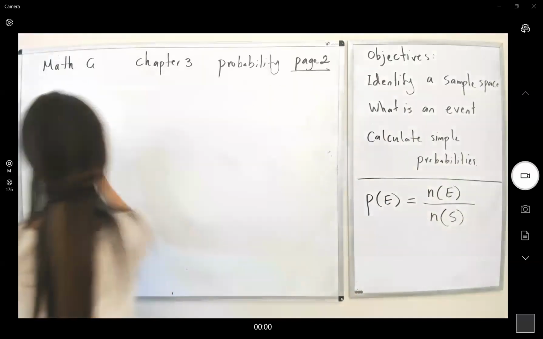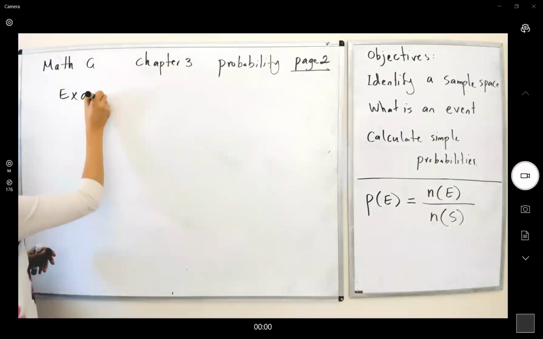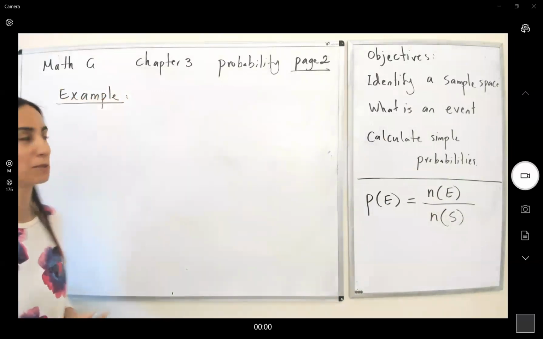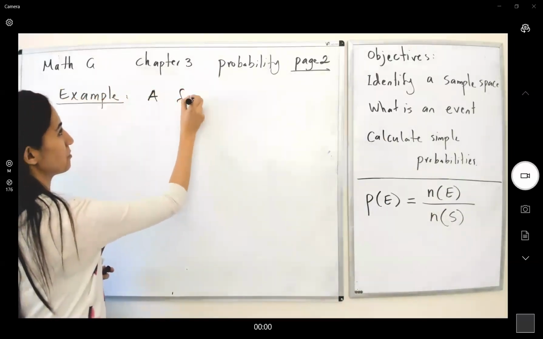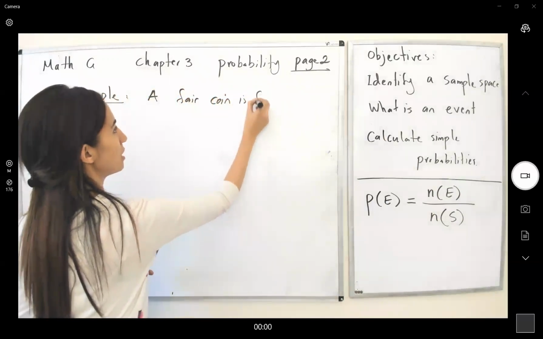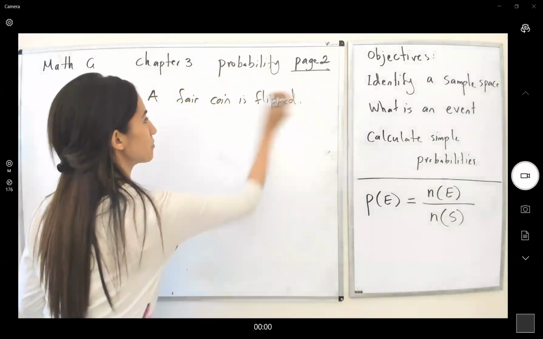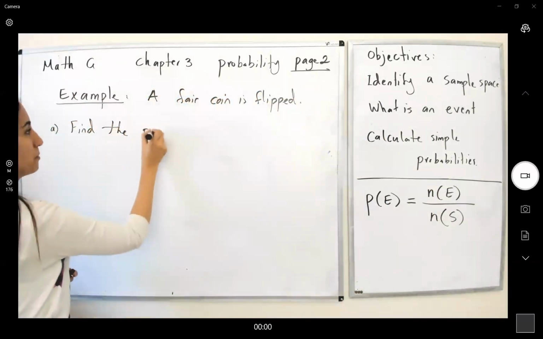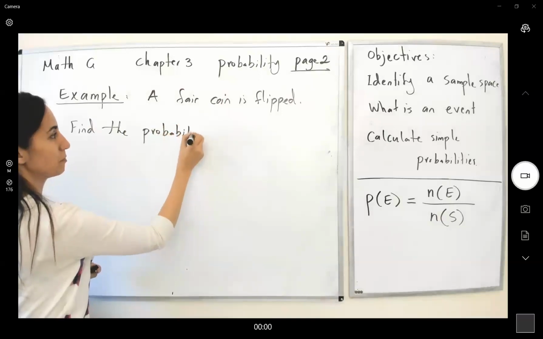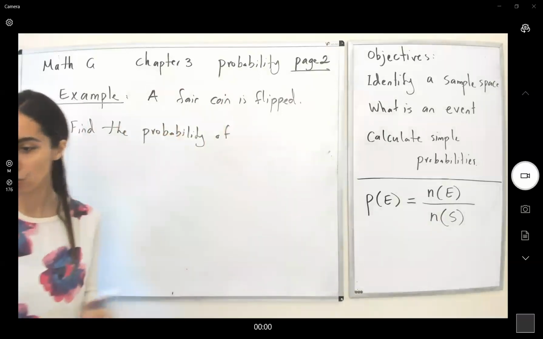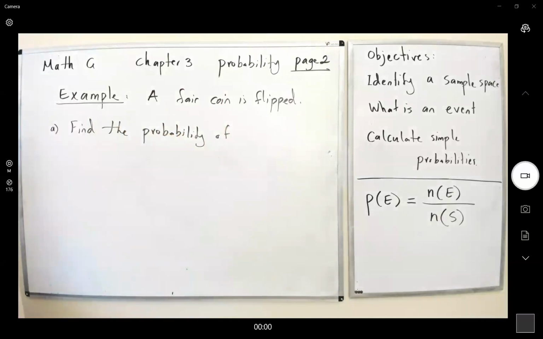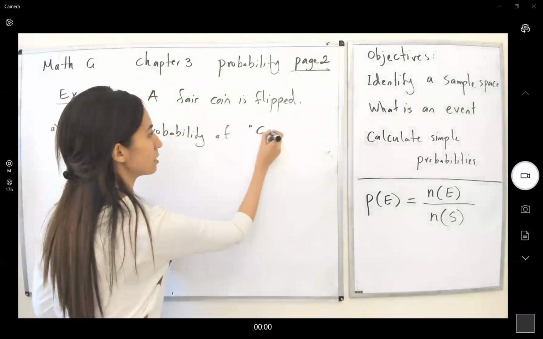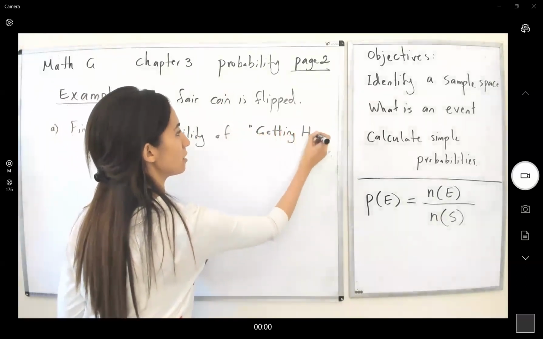Well, we have an example. In this example, you have a fair coin, and that fair coin is flipped. A fair coin is flipped. Find the probability of, so your first part says, find the probability of event E1, getting heads.